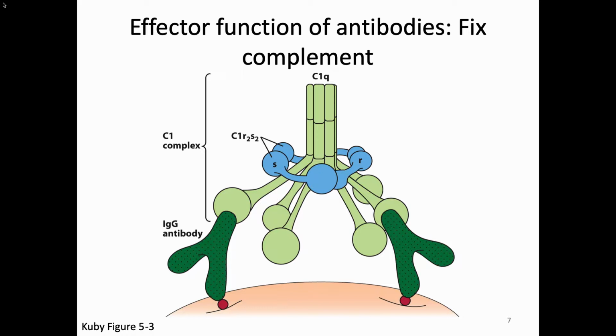Effector function number 1 of antibodies is they can fix complement. Antibodies can bind to antigen on some sort of surface and start off the classical pathway of complement. So that one's pretty easy. You already know that one. The other one you already know, but don't realize you already know.